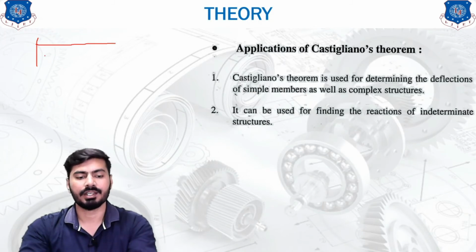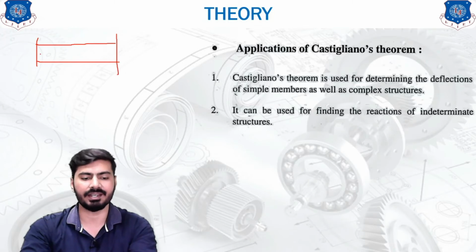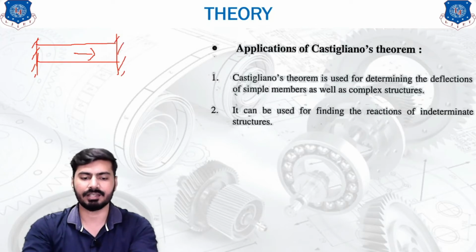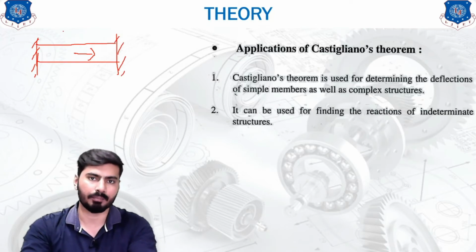For example, if we are talking about a body which is fixed on both ends, and you are applying a force at the middle of the body in this direction, then there will be a reaction on both sides of the body as this body is fixed on both ends.